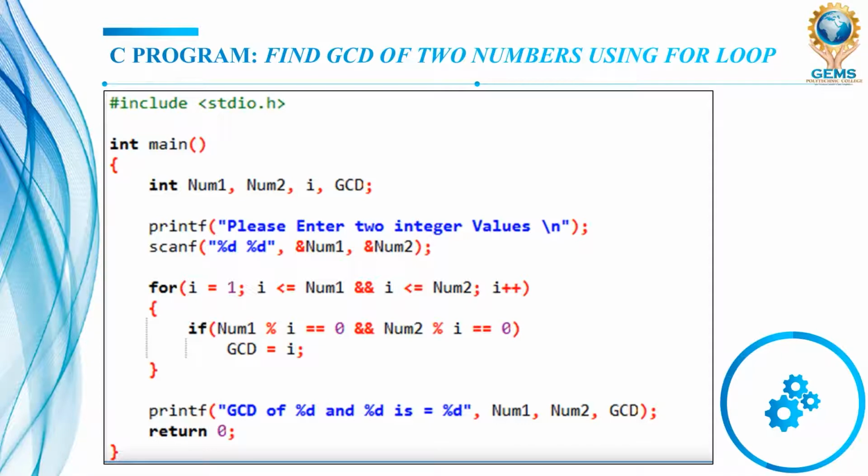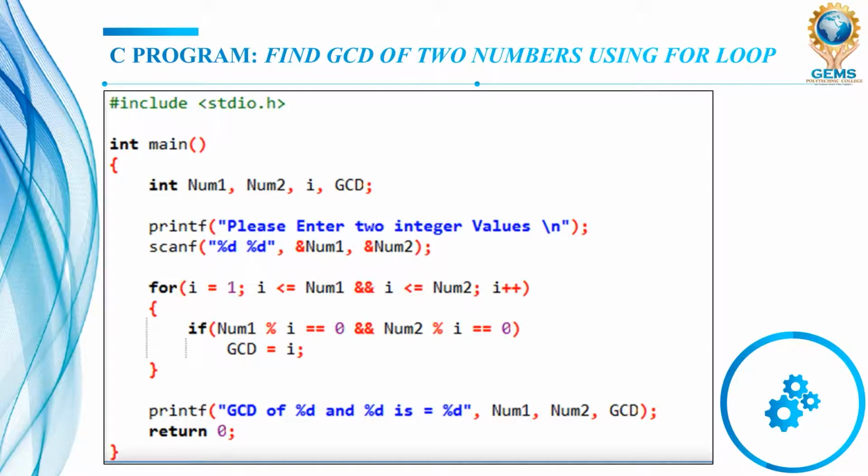Now printf is a statement. So with printf, I am giving the message please enter 2 integer values. They are asking for 2 integer values from the user. Now through scanf we are getting the 2 integer values from the user. So num1 and num2 are the 2 integer values accepted from the user.